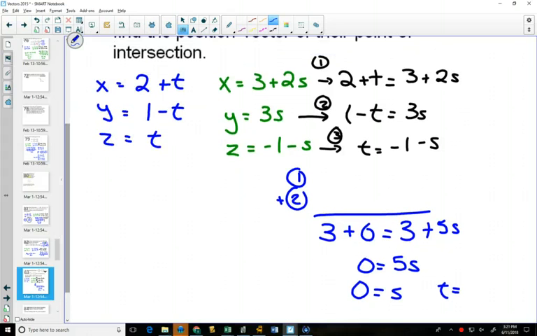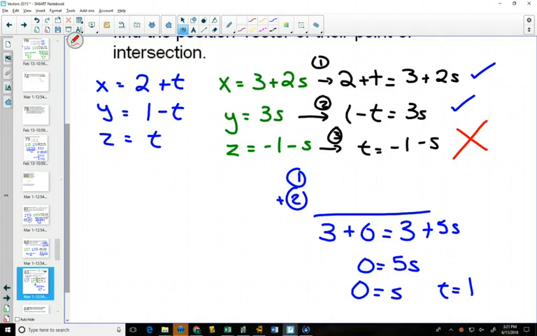If I plug in 0 for s, can you see that t would have to be 1? Can you see in equation 1 and equation 2 that they work both? Yeah. When s is 0, t is 1, that works for equation 1. It works for equation 2. And it does not work for equation 3.